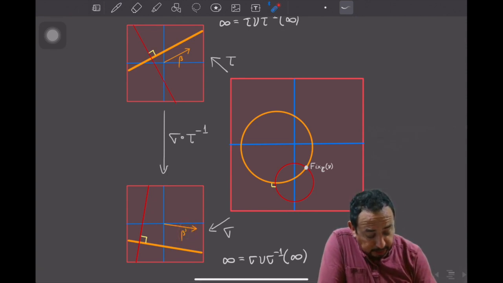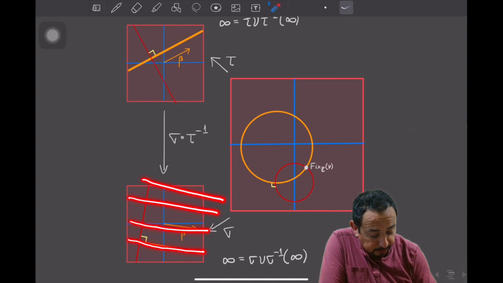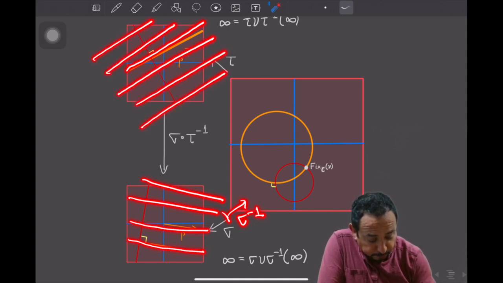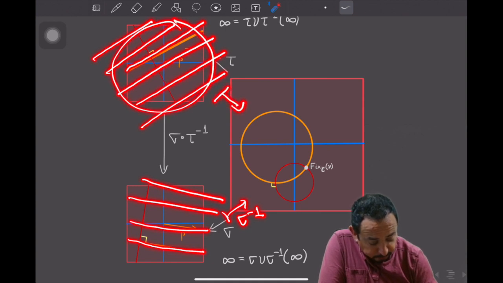And then somehow I would like that this family of curves that are parallel to beta prime, when I apply sigma inverse to them, gives me the same result as applying tau inverse to the family of curves parallel to beta here. I would like these two results to be the same.